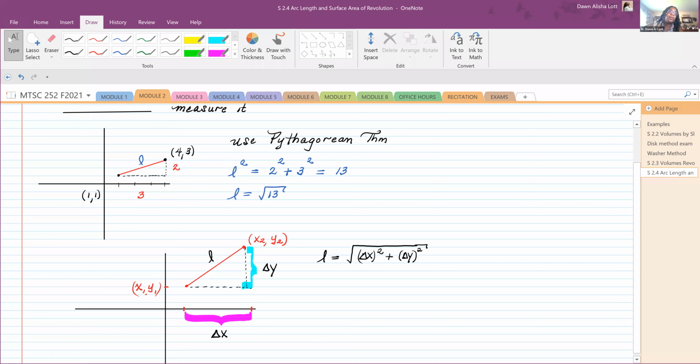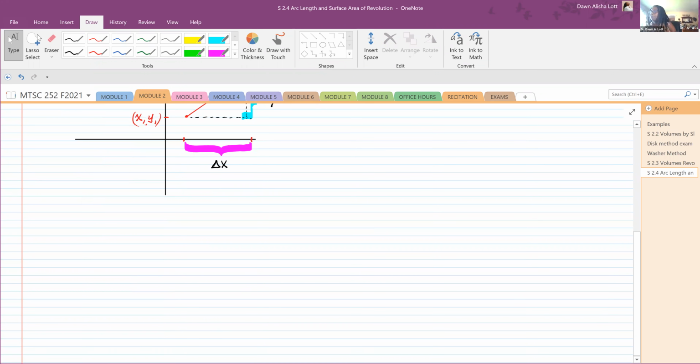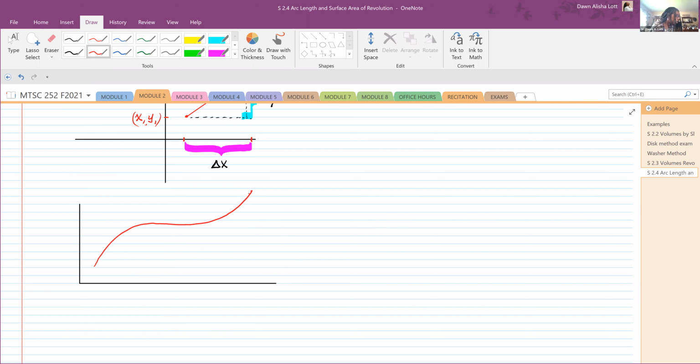All righty. Now I want a whole curve, and I want to look at the length of just a little piece of the curve.